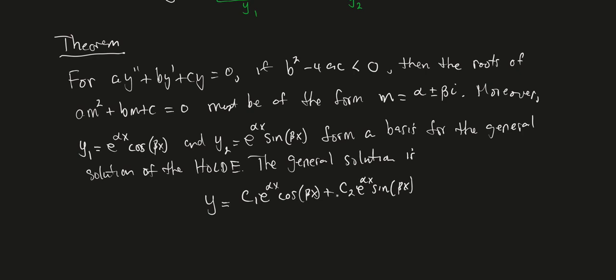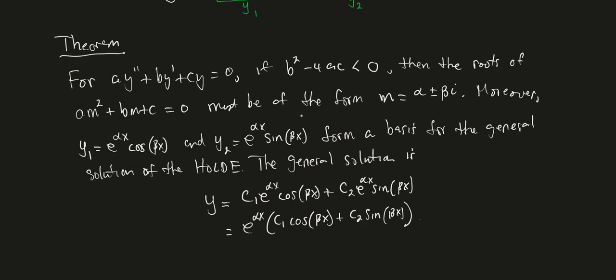Another way is, since that exponential function is a common factor, you can factor out the e to the alpha x and write it as c1 cosine of beta x plus c2 sine of beta x, right?